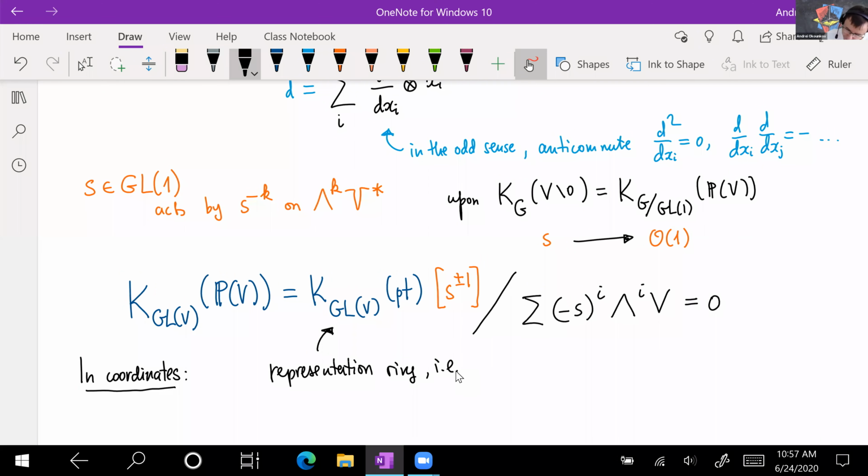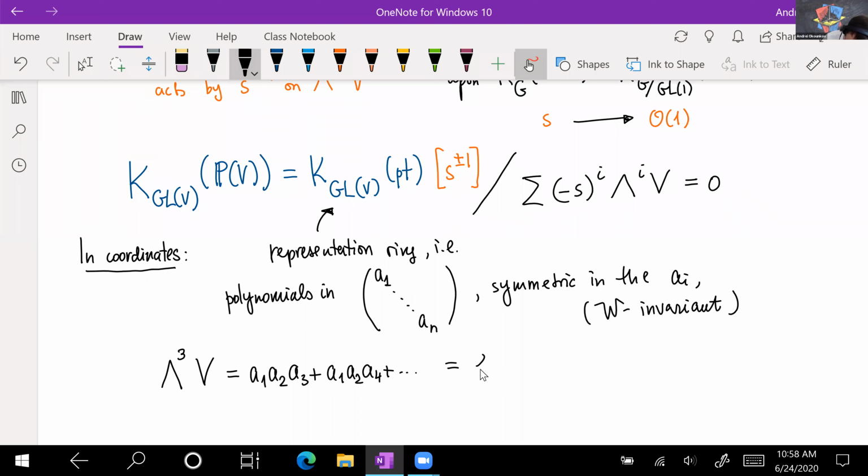Maybe just for the sake of the argument, let's take cube. So this has a basis like a1 a2 a3, plus a1 a2 a4, and so forth. Sum over all 3-element subsets. This is called the elementary symmetric functions of these variables a.